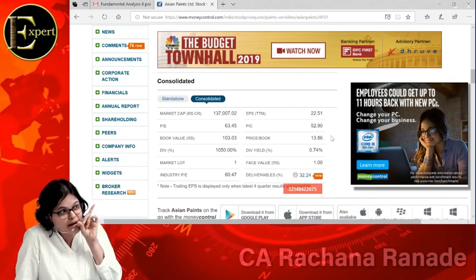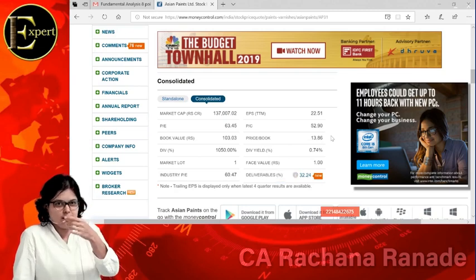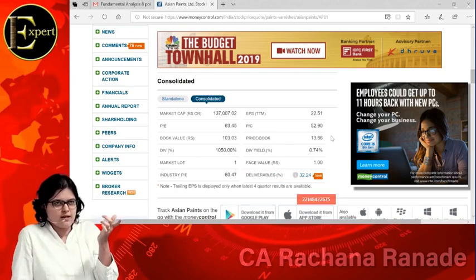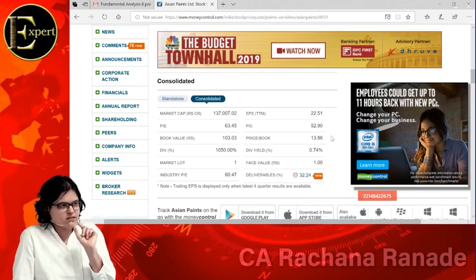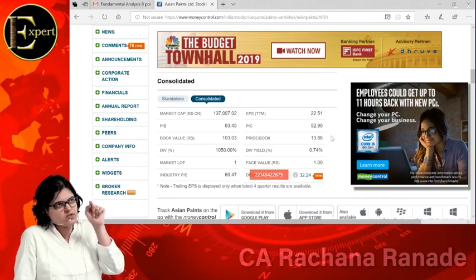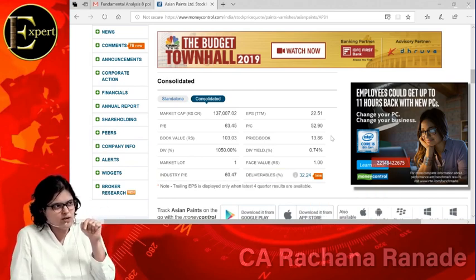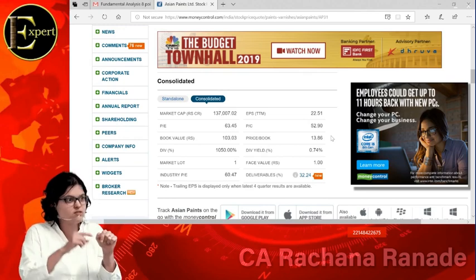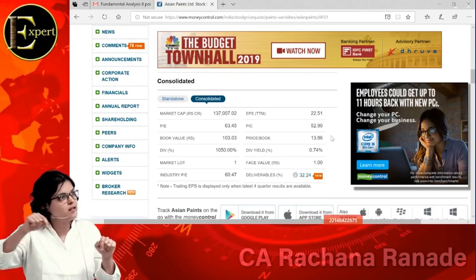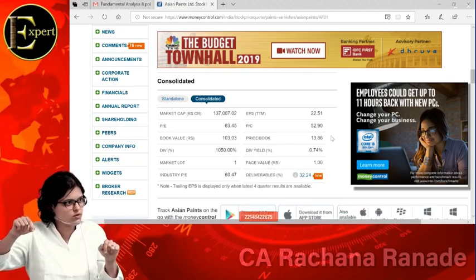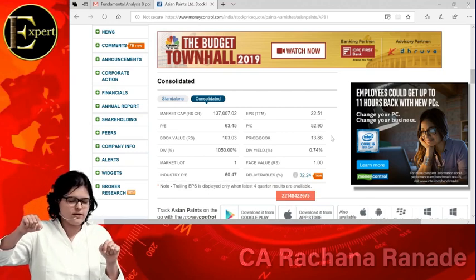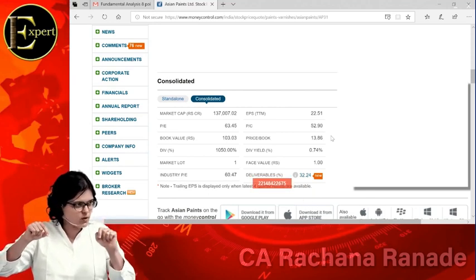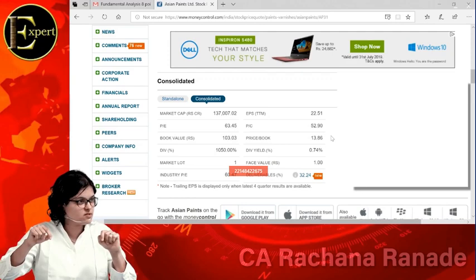Not exactly what he had paid, because I'll repeat the question. Does 13.86 mean that whatever the shareholder had invested, versus the current market value, is 13.86 times? Is that what you're trying to tell? No. The answer is no. Why? Understand. The shareholder had put, let us say, 1 rupee, but you also have reserves and surplus.